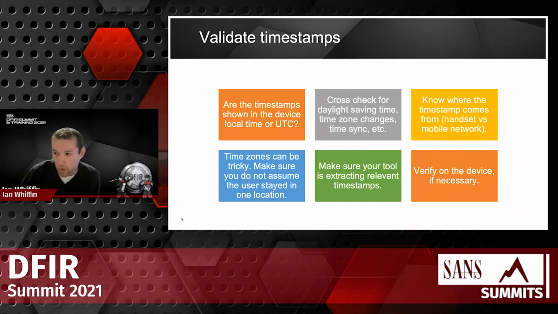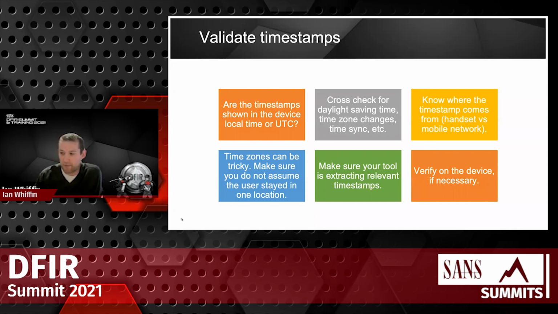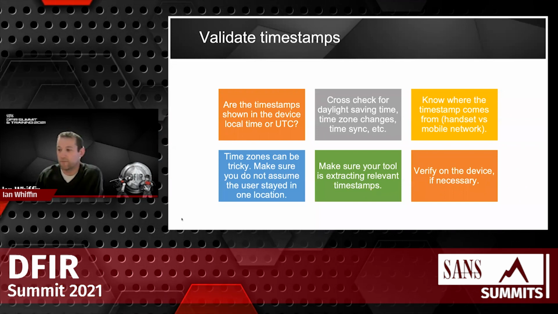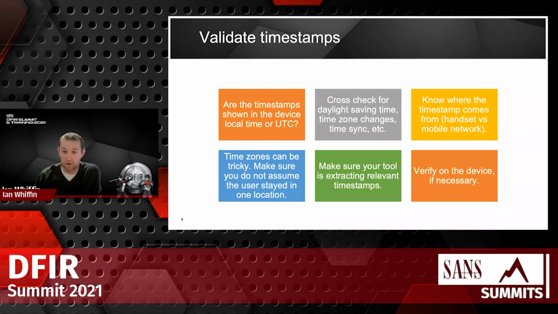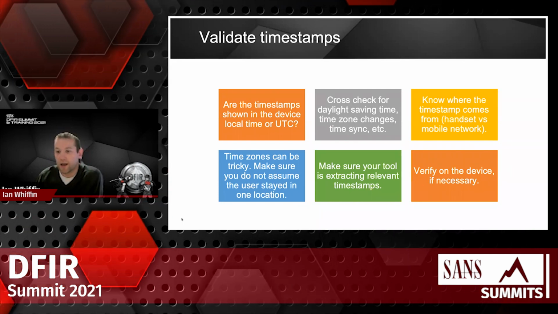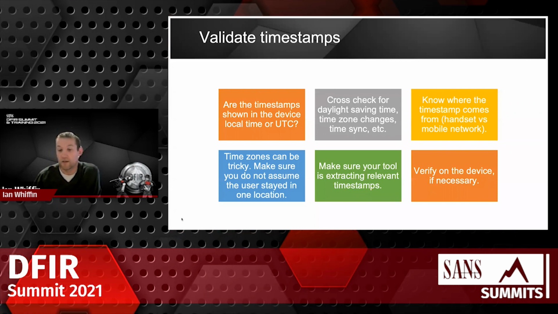We also need to know where the timestamp comes from. Does it come from the time on the device? Does it come from the network time? Has the user set the time manually on the phone, or is it using network time? Or has the timestamp come from a third party, such as a server?